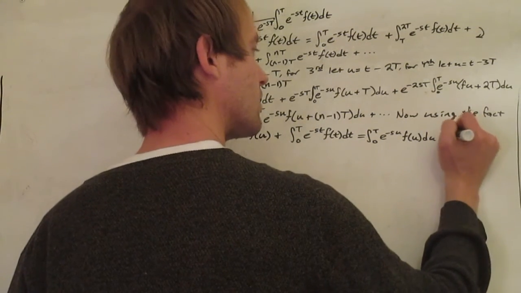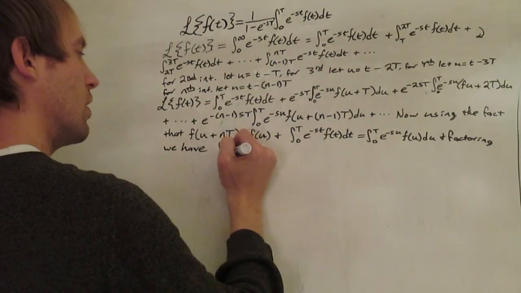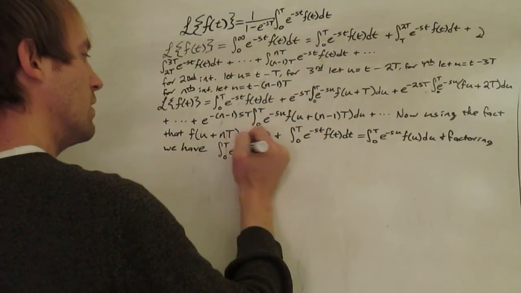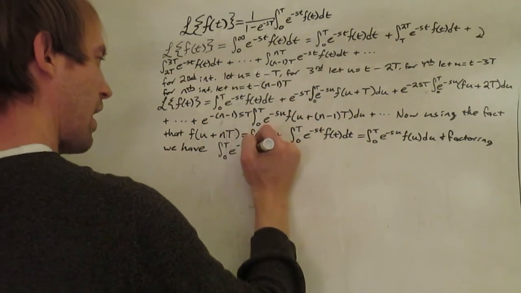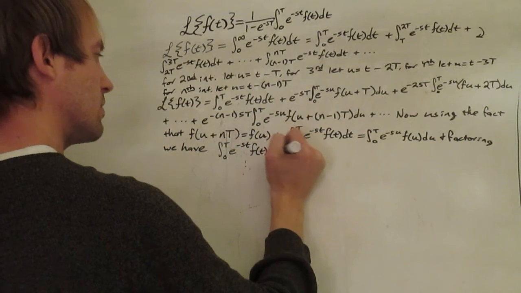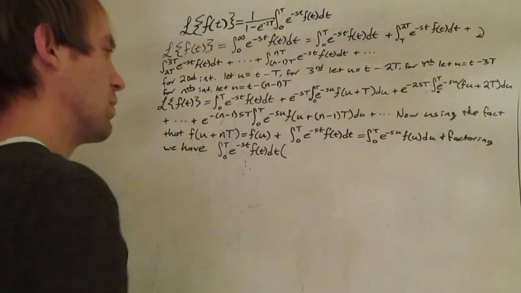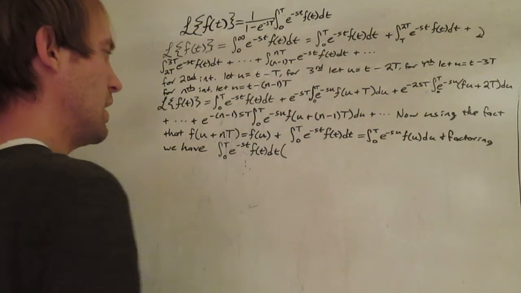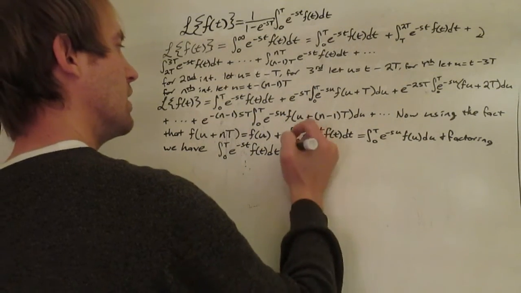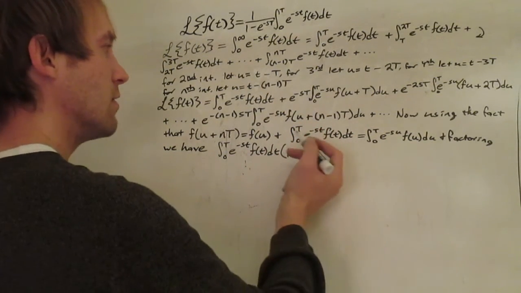And factoring. We have integral from 0 to capital T of e to the negative st f of t dt. So we're switching back now because it doesn't matter. We have it in the same form. So integral from 0 to T of e to the negative st f of t dt. And for the first one, it's just going to be 1 times itself.